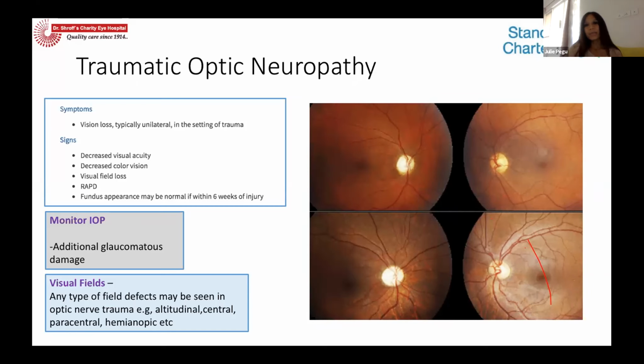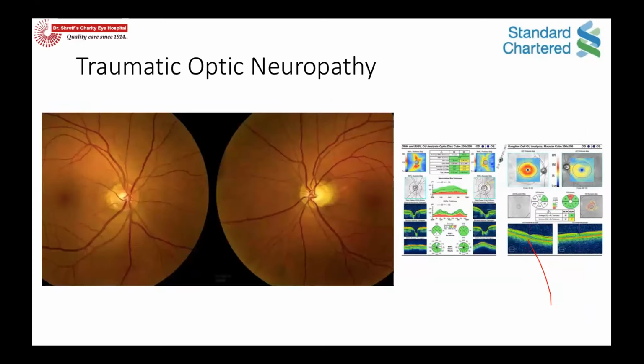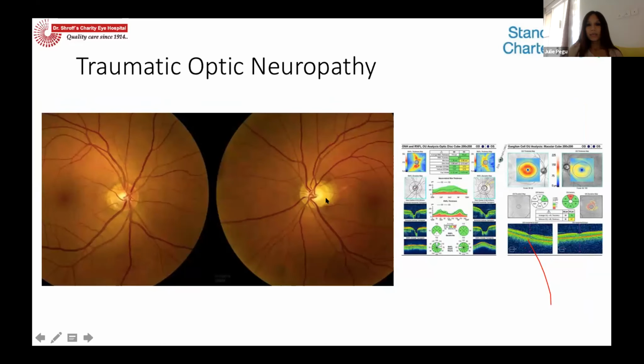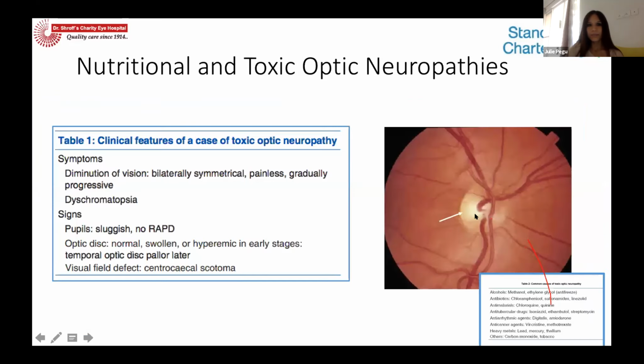I mean, they can be central scotomas, or they can be centrocecal or altitudinal. So it depends on what kind of damage the optic nerve has suffered that you'll get a corresponding visual field. So here you can see that some amount of pallor has set in, but otherwise the patient is 6/9 and there are hardly any changes.